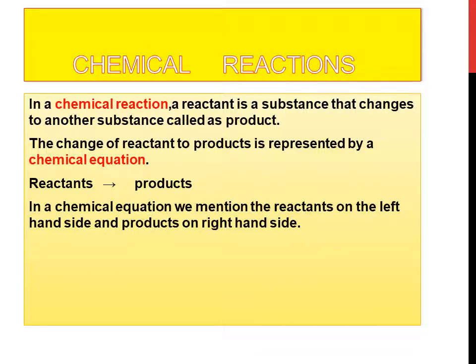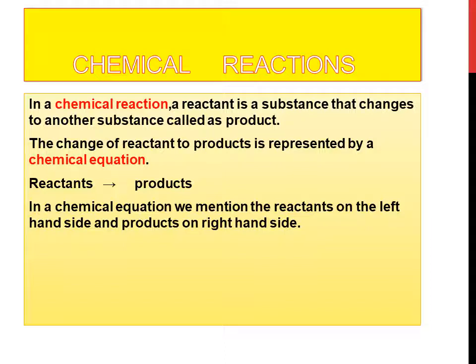So first topic is chemical reactions. As the definition related to chemistry you are studying from class 6, chemistry is the science of substances and their transformations. So it is a science of substance transform, meaning to change. So in chemistry we study about substances and the changes that are occurring in the substances.